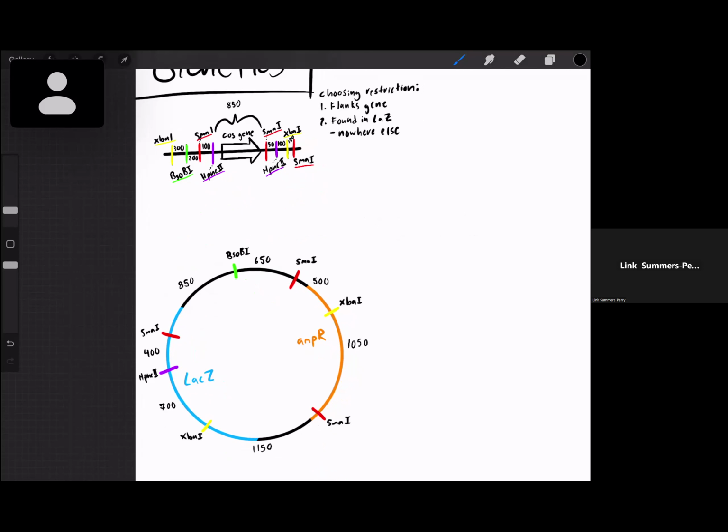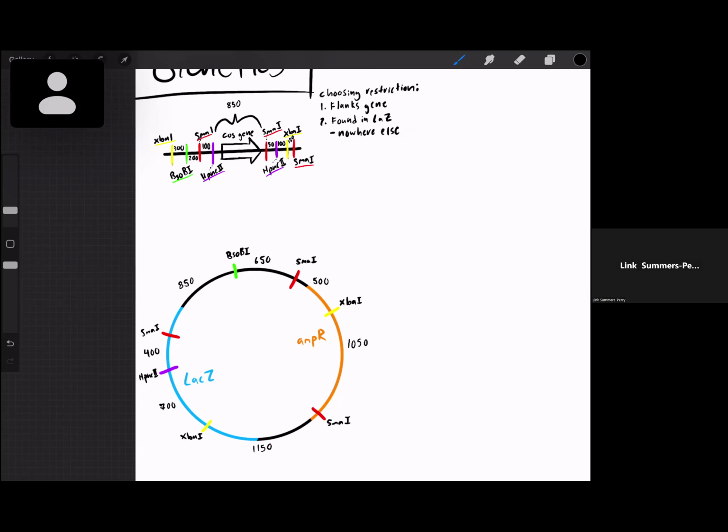But SmaI and XbaI both exist on the AmpR gene, which we do not want because if it's properly inserted, it'll disrupt the resistance gene, and those will die once we plate them.